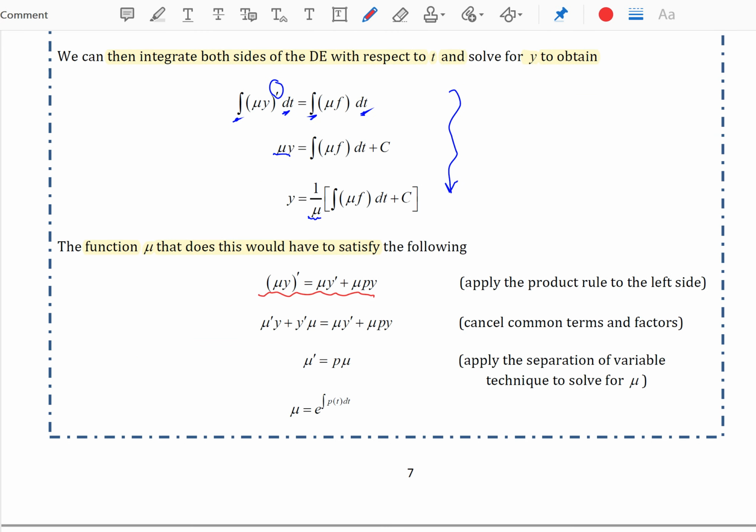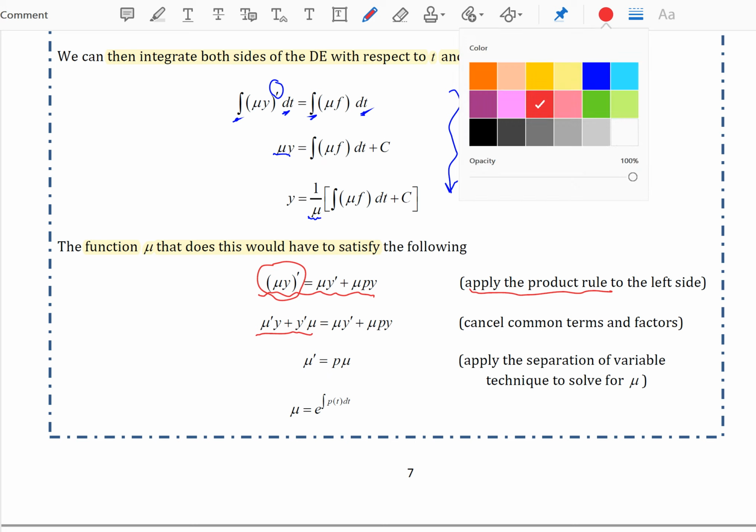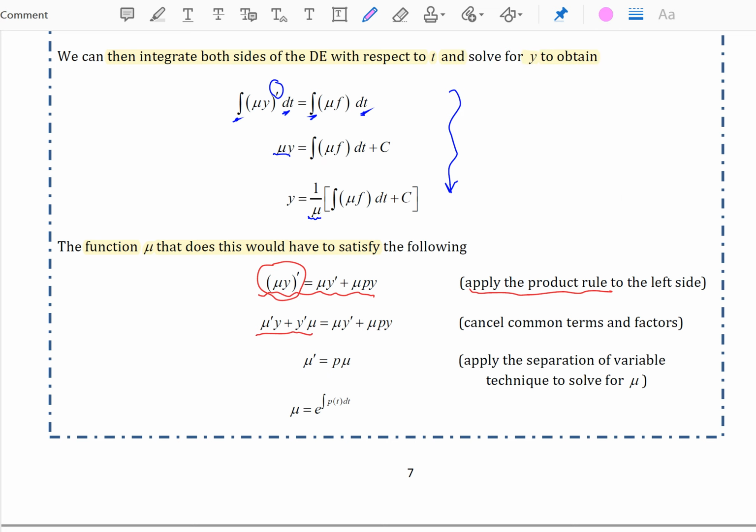Now my method is going to be to manipulate just the left-hand side for a moment. So let's just manipulate this by applying the product rule. The derivative of mu y is going to be mu prime y plus y prime mu. Now that we've expanded the left-hand side, what I'm looking for is to cancel common terms.